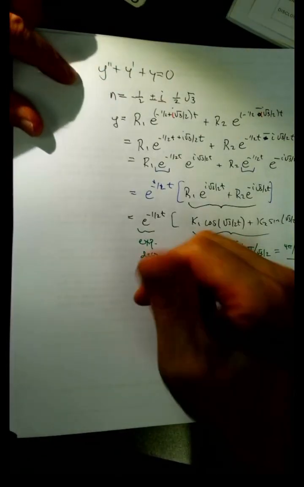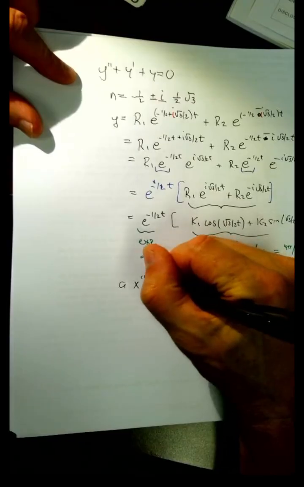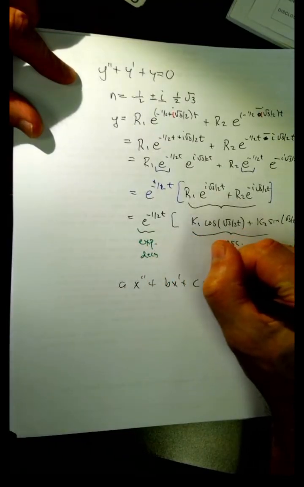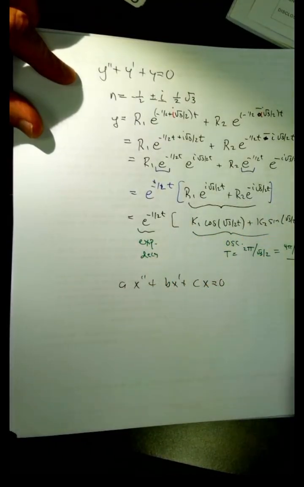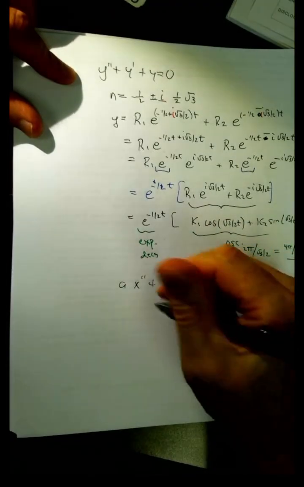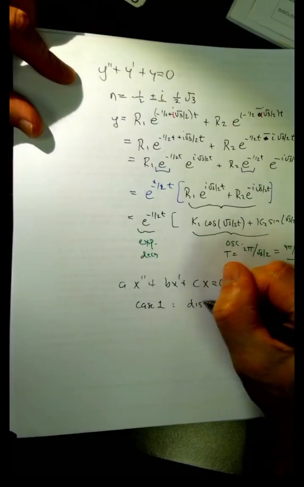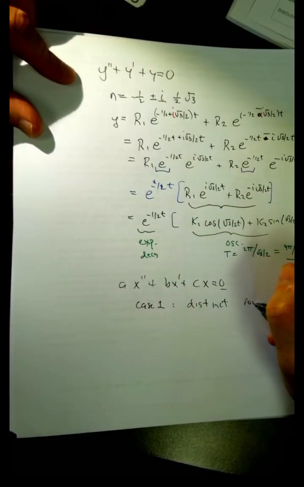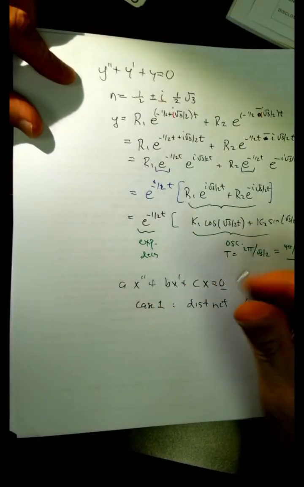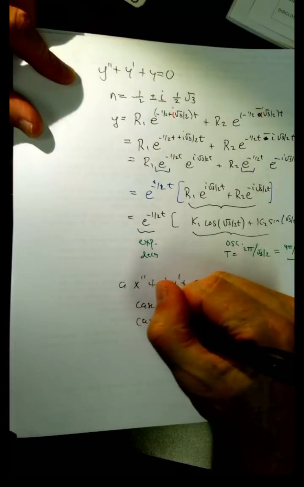So at this point, if you're given a x double prime plus b x prime plus c x equals 0, a, b, and c are constants, and it's homogeneous. We have the first case of distinct roots. You can deal with that. You can just take the combination of the exponentials.